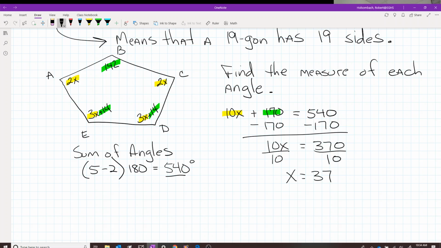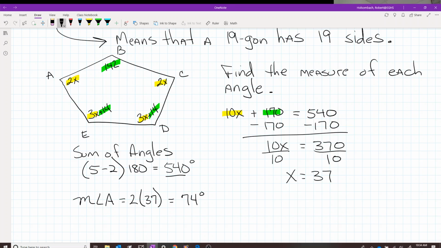So now you can find the measure of these missing angles. The measure of angle A is going to be 2 times 37, which is 74.